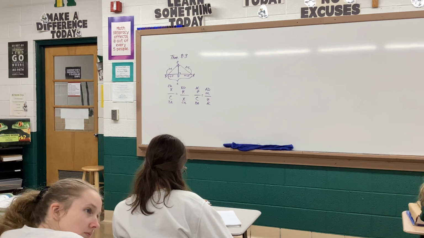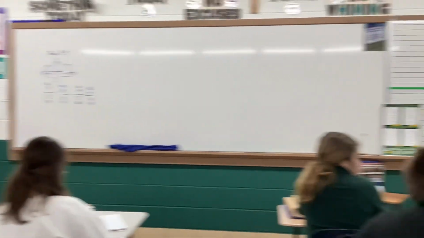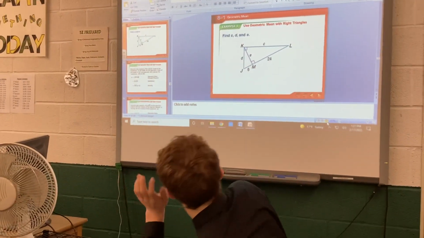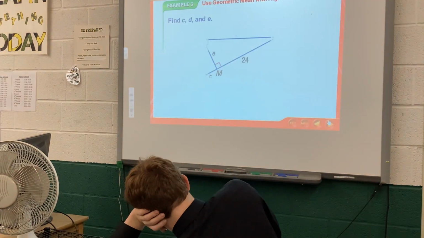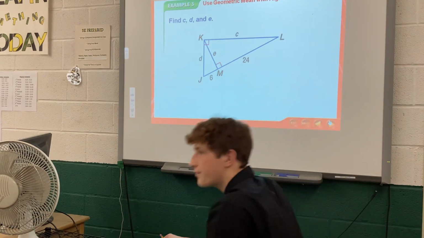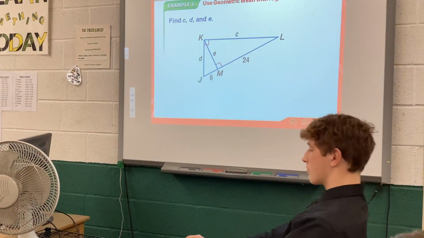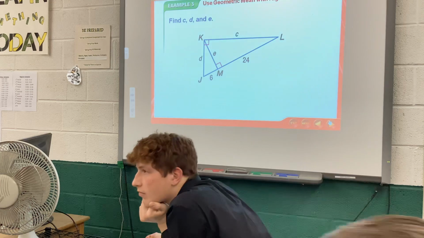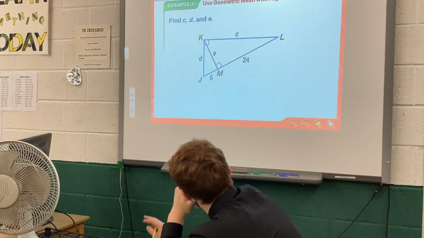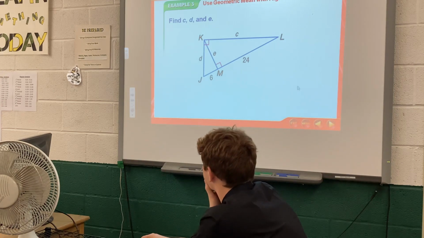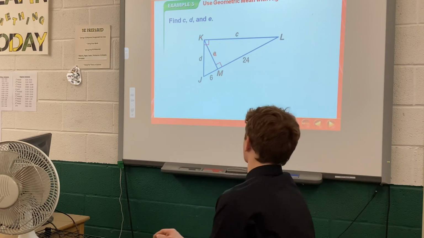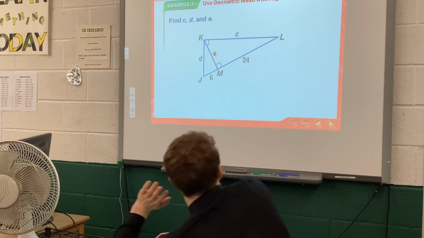So here is an example of this. So remember we did this one yesterday, I believe? Yes. And we used theorem 8.2 to find E. Well, in this case right here, we're going to use the same problem, but let's just say they didn't tell us to find E and D. So most of the time when they don't tell you to find E and D, you're not even going to think about E and D. So let's try to block that out.